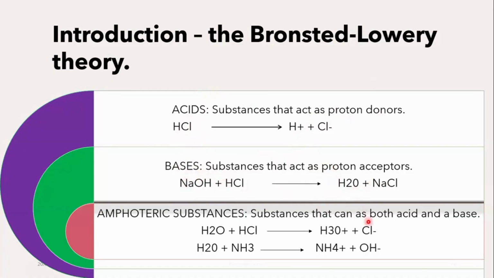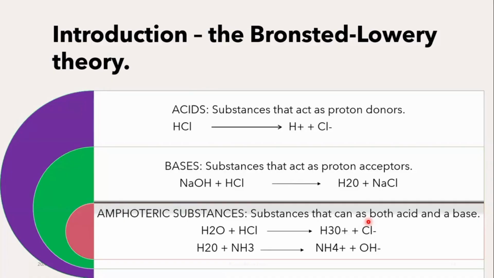Now, we have certain substances which are known as amphoteric substances. Amphoteric substances are substances that can act both as a possible acid as well as a base.